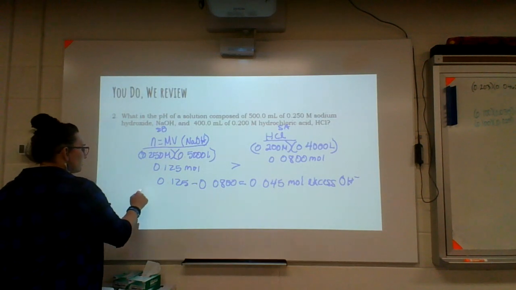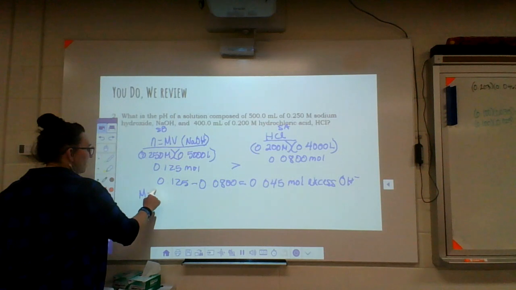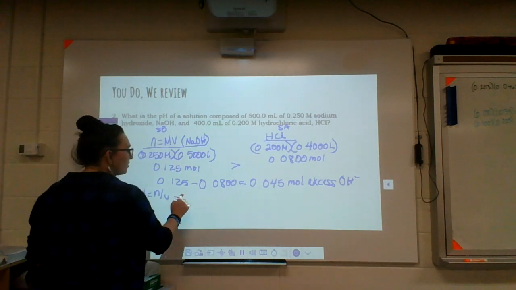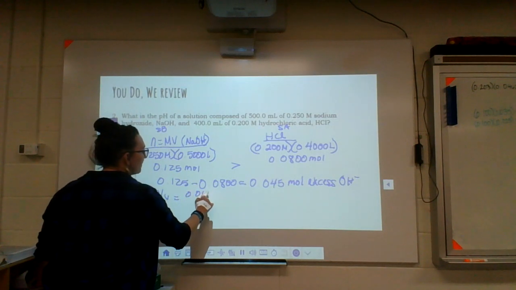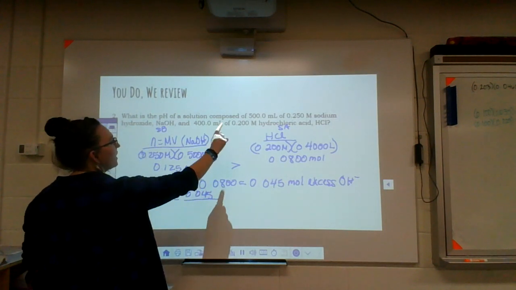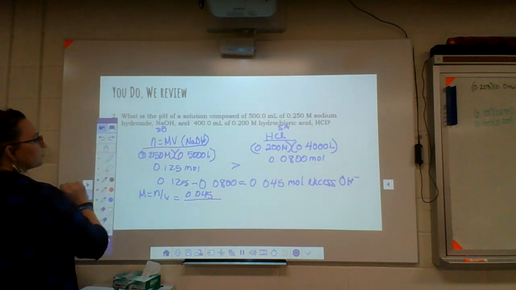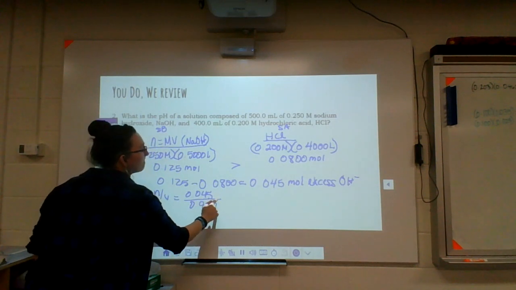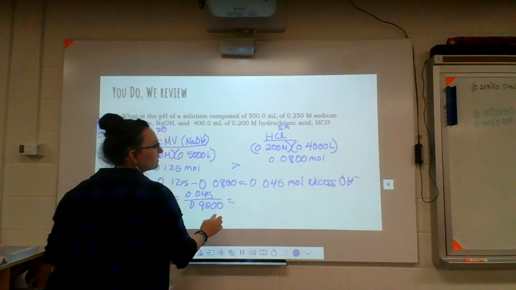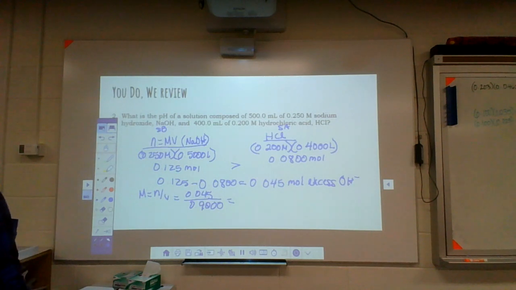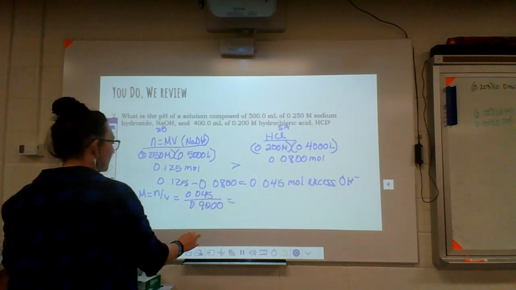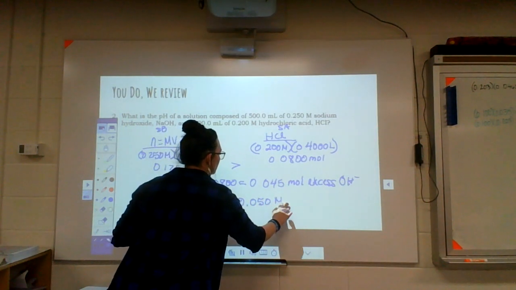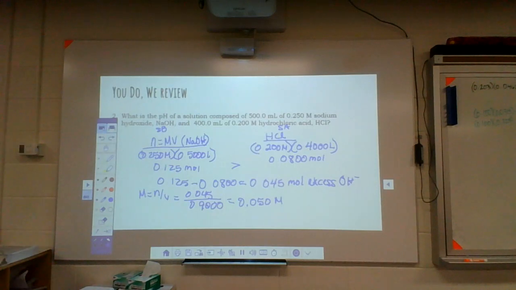So the concentration will be M is equal to n over V. And remember, this is now the combined volume. So 0.045 all over, I had 500 milliliters plus 400 milliliters. So that's going to be a total of 900 milliliters. And this comes out to 0.050 molar hydroxide ions.